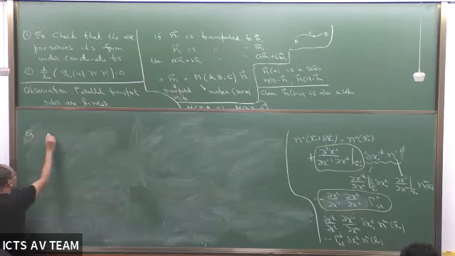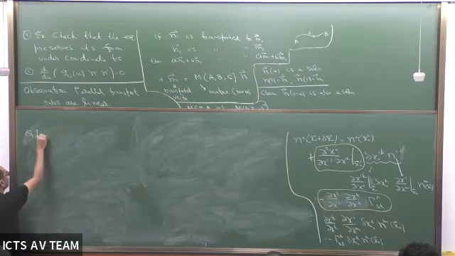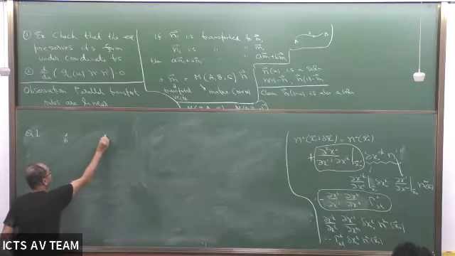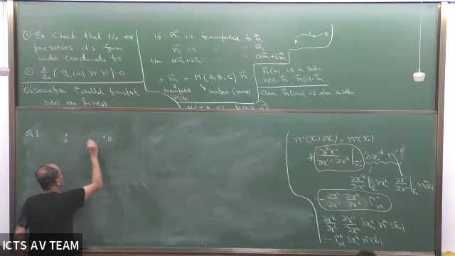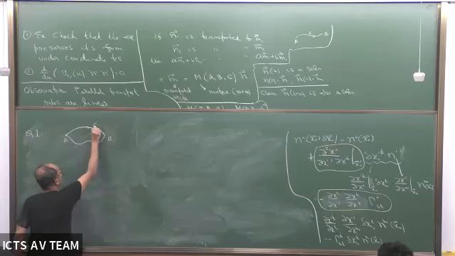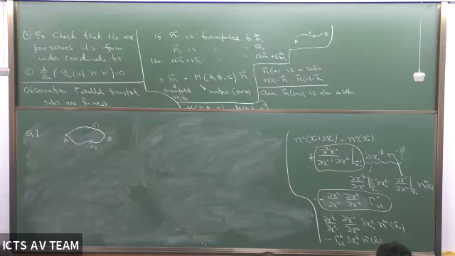So let's suppose, there are two questions which will turn out to be related. Let's suppose that we have point A and point B, and we have two curves, C1 and C2. So we can write two matrices.